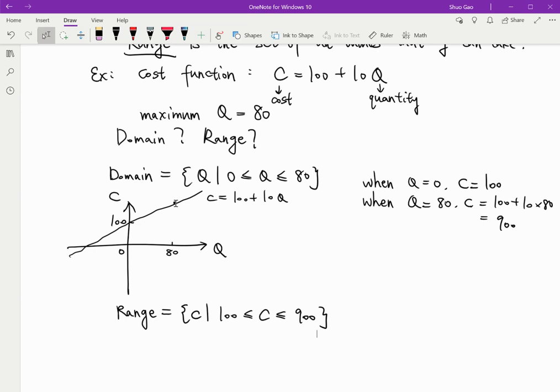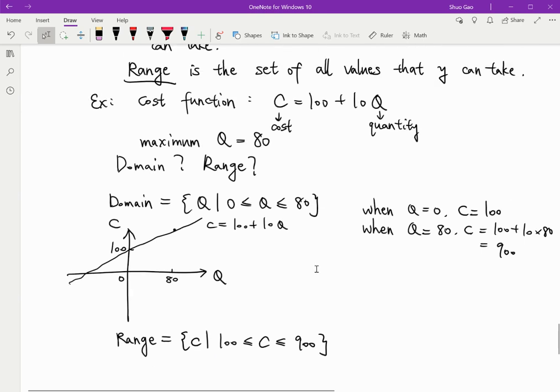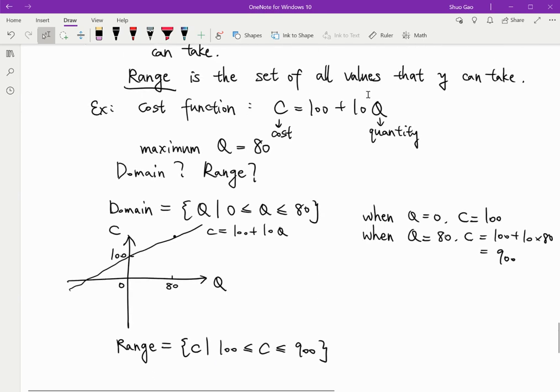Because they're positively related, when Q equals 0, C is 100, and when Q equals 80, C equals 900, by simple calculation. So the range should be between 100 and 900, which is the set of all the values that y, or the dependent variable, can take.